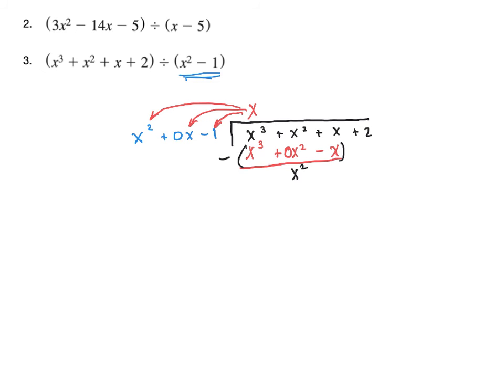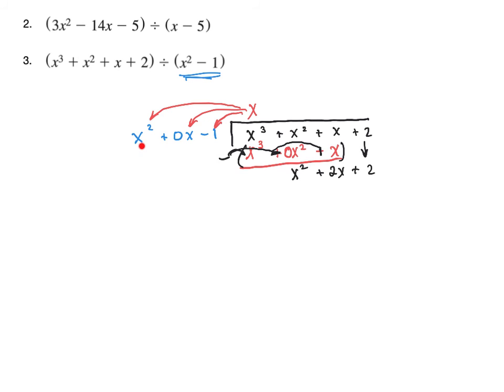So it's going to be 2x. Right there again, if you'd like to, you can show that negative sign going to each thing here. And here it becomes a plus as it crosses over. So 1x plus 1x is 2x, and then we bring down the 2. We ask the same question.